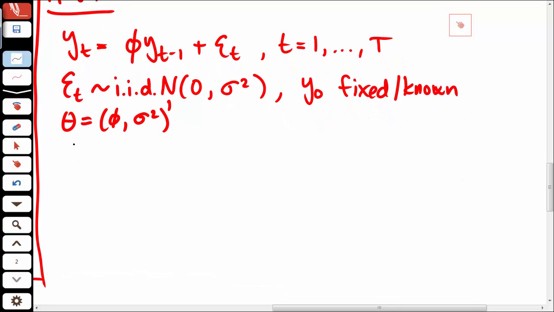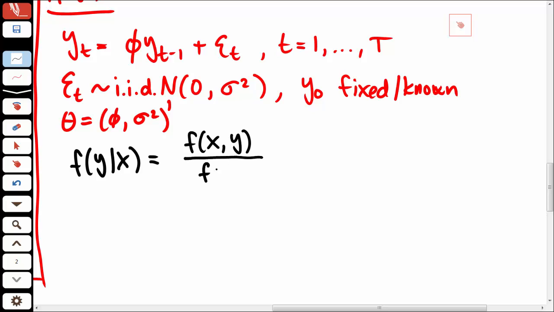Recall that the conditional density of y given x is the same as the joint density of x and y divided by the marginal density of x. We will use this result in order to derive the likelihood function for the autoregressive process.